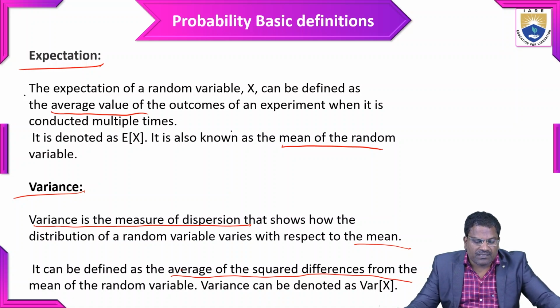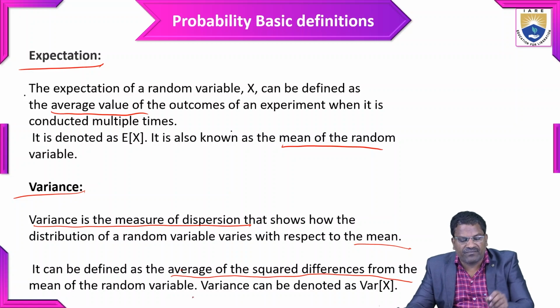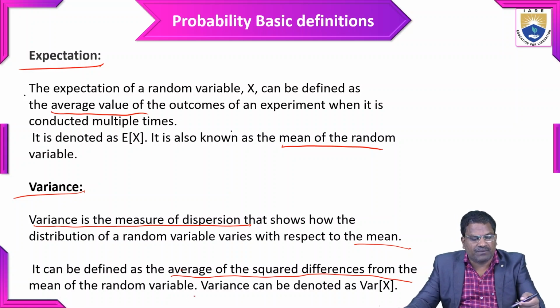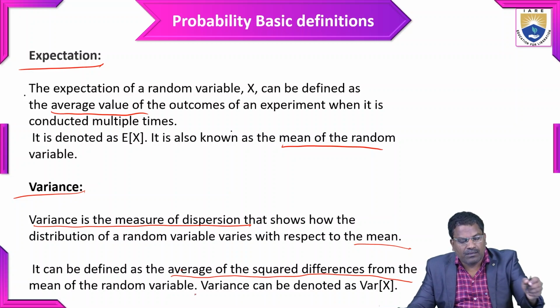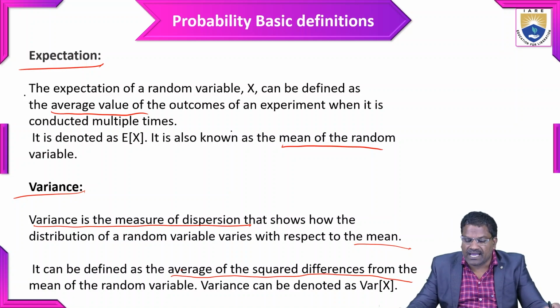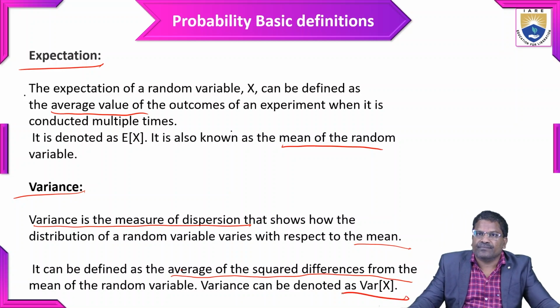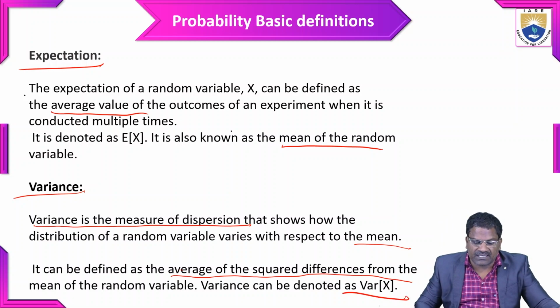Variance is nothing but the average of squared differences from the mean of the random variable. Variance can be denoted as variance of x. So variance is the average of the squared differences from the mean.